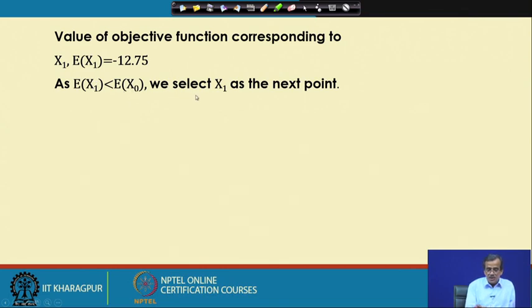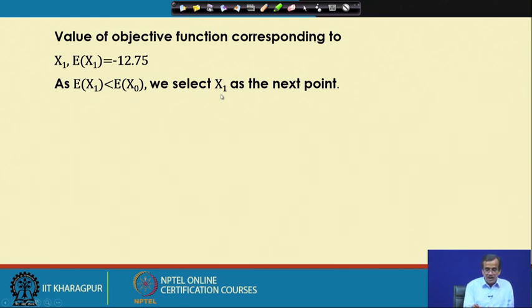So, what we do is we select x 1 as the next point, because here E x 1 is found to be less than E x 0 and we are solving the minimization problem. So, x 1 is a better solution compared to x 0.